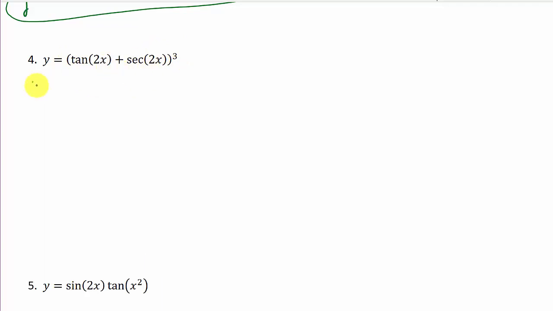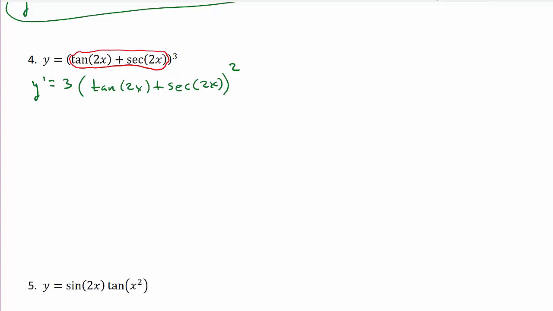Alright, so that's going to give me y prime equals, okay, so the 3 comes down in front, so that's 3, and then that's going to be tangent 2x plus secant 2x, and then subtract 1 from the exponent, okay, and then times the derivative of what's inside the parentheses, so times the derivative of this.